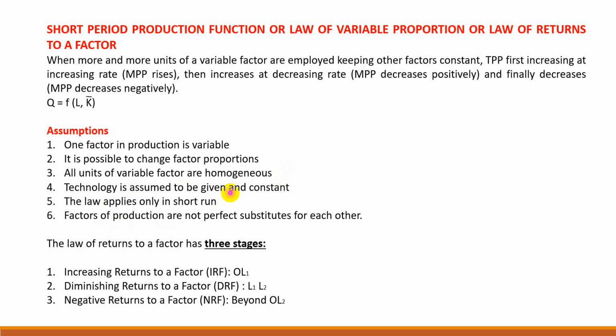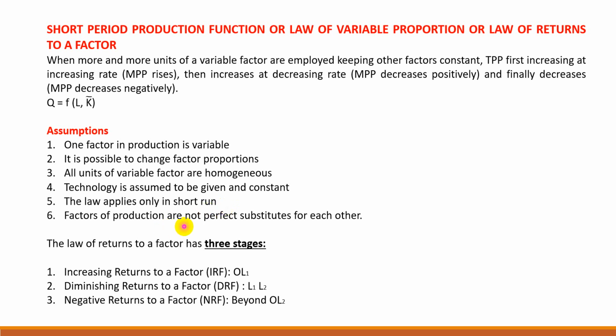Technology is assumed to be given and constant. There is no change in the technology, no upgradation or degradation. The same technology is used for the production process. The law applies only in the short run, not in the long run.